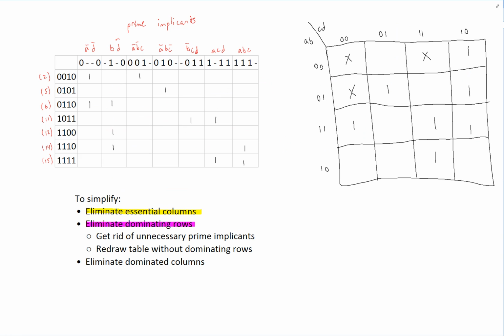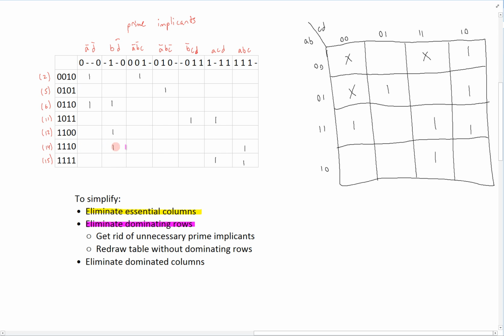The next simplifying technique is going to be to get rid of dominating rows. Now, a row is said to dominate another row if it has all of the ones of another row and maybe more. So for example, here we have a dominating row, specifically this row right here for 1, 1, 1, 0.